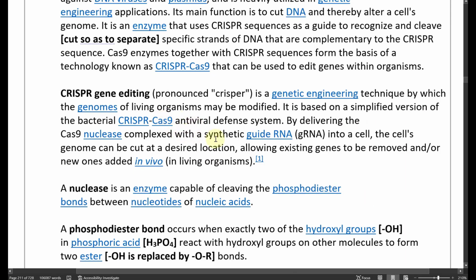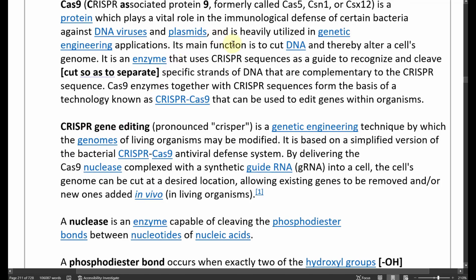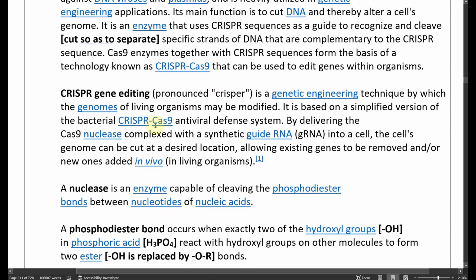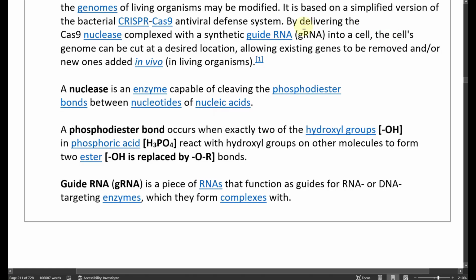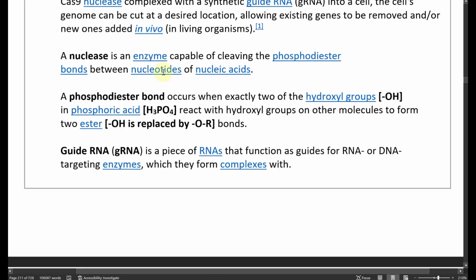It uses synthetic guide RNA plus the Cas9 enzyme, which can cut DNA using CRISPR sequences as a guide. Very fascinating. Now you're using a simplified setup with a guide RNA, so you can cut at many desired locations.